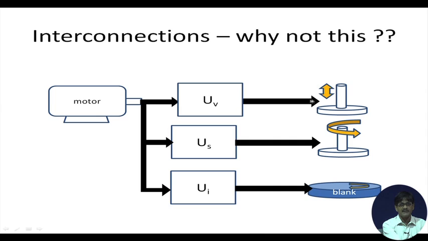So, it is connected. US is supposed to serve the circumferential movement of the cutter and of course, the workpiece also, and therefore, you connect it. UI is supposed to control the ratio of rotations, you connect it with the blank rotation. And instead of the previous connection, suppose I straight cut, I tap power from the motor and give the connection to all the gearboxes. Now, is this all right?